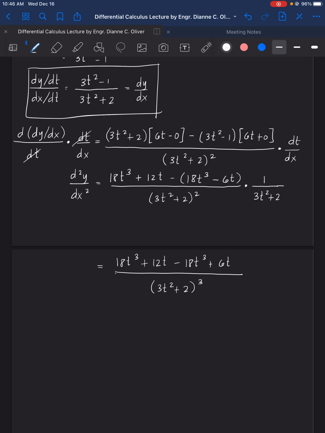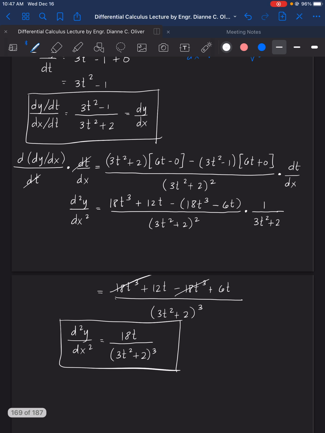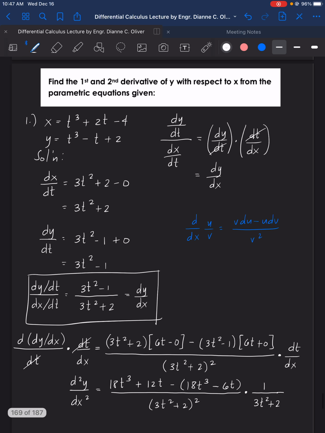Therefore, we cancel this. So what's left here for d squared y over dx squared is equal to 18t all over (3t squared plus 2) raised to 3. So this is now the second derivative. So that is our pattern. So that's for our example number 1.